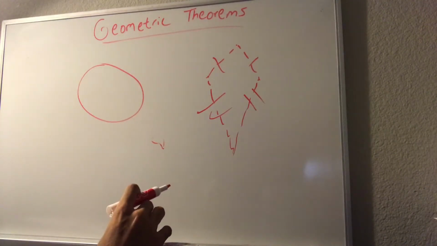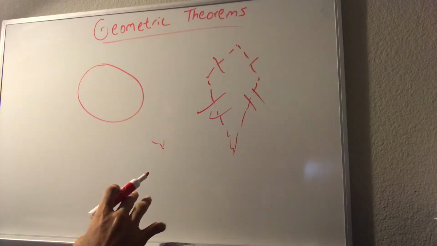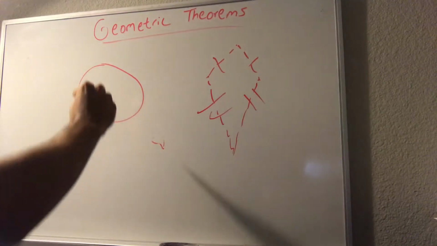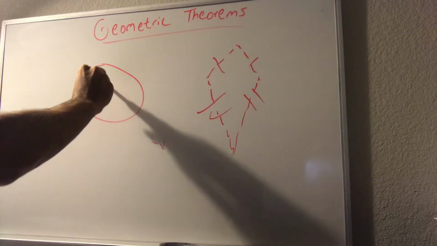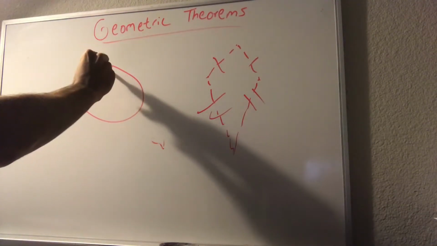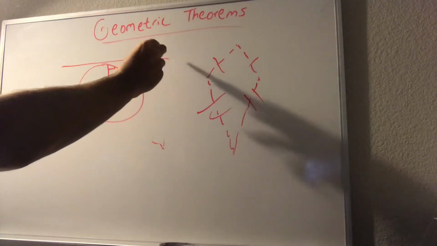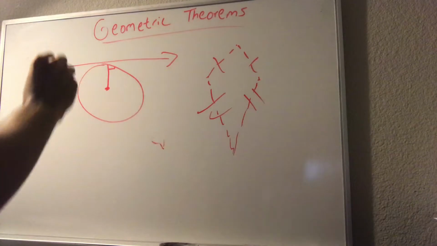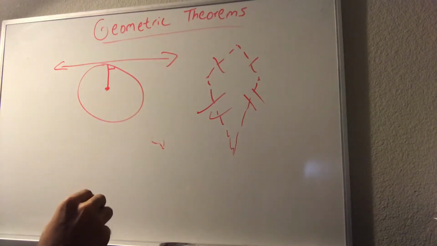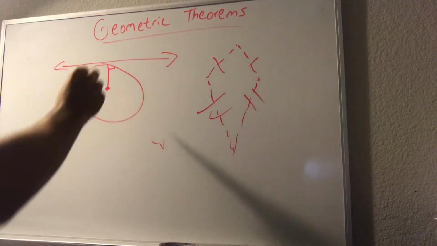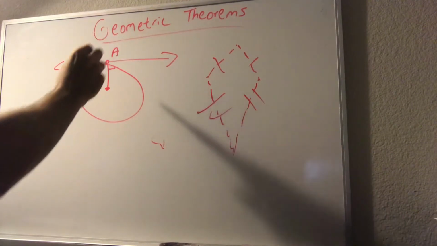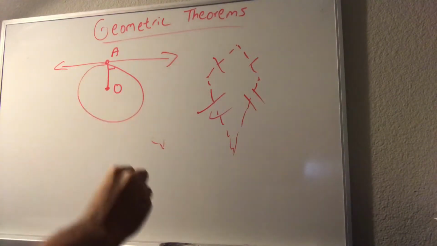But just showing you a graphical representation of this theorem, you have a center here. You're extending this, you have a right angle here, and then you have a line. You can say this is point A, or anything you want, and this is point O, your center.